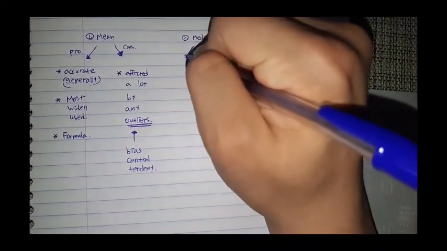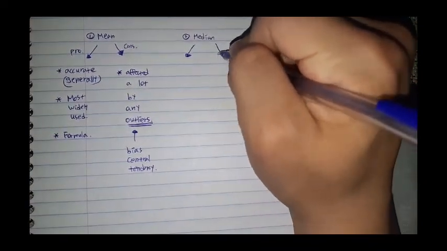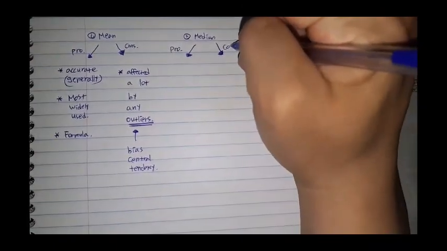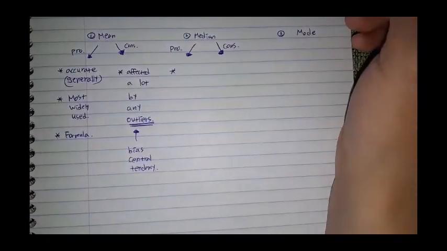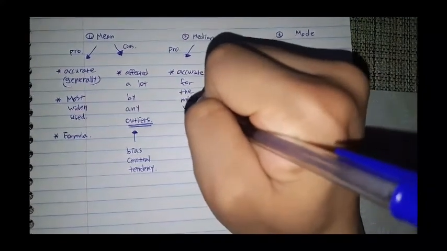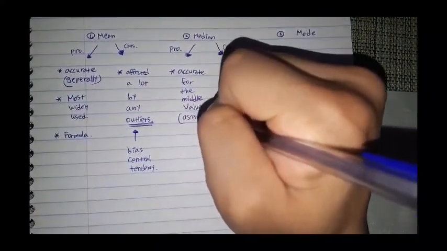Median has pros and cons too. What do you think its advantage is? Let's talk about the pro first. You need to understand that median is quite accurate for the middle value when the data is ordered in ascending order.